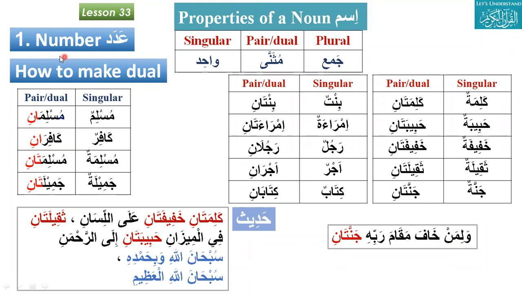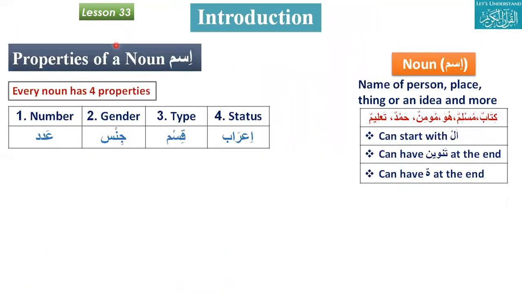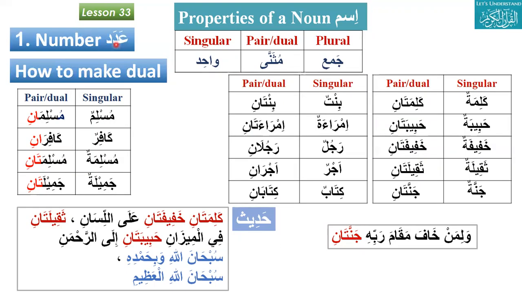So we are talking about adad, numbers. Adad is a property of ism. What are the four properties of ism? Number, gender, type, and status: adad, jins, qism, i'rab.